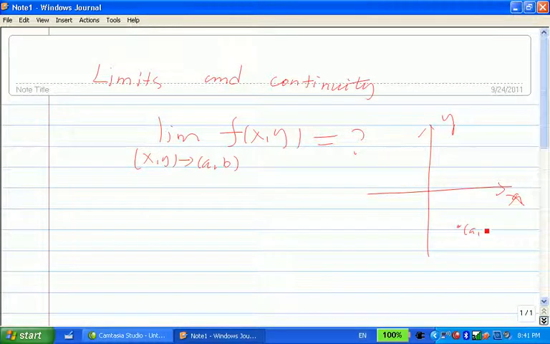Think about a point (a, b). Pick a point (x, y) close to (a, b). Then you can find f(x, y) on the surface. Then pick another one, and you find another one. So as (x, y) goes to (a, b), we want to see where f(x, y) goes to.